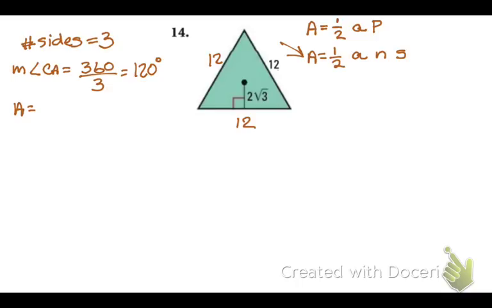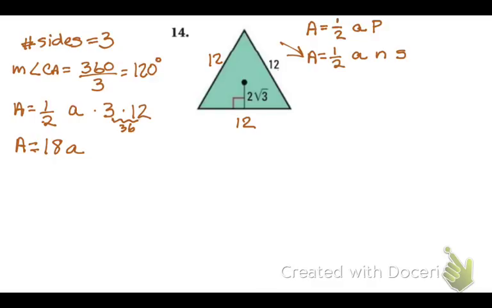A is equal to 1/2 the apothem, and we'll talk about the apothem in a second, times the number of sides, which is 3 times 12. So let's just do the math on this. 3 times 12 is 36 times 1/2 is equal to 18. 18 times the apothem.